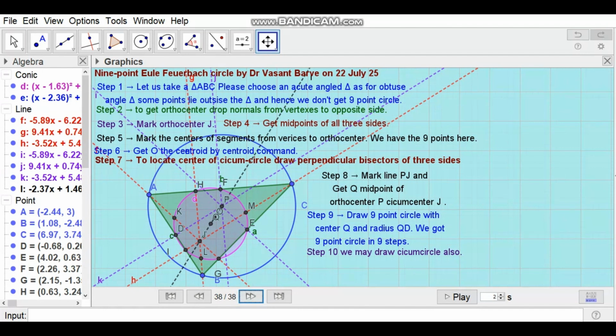So what we have done is we have taken an acute angle triangle, you see, and then we have got the orthocenter, we have got the centroid, we have got the circumcenter. We joined these two, that is P and J. We took the midpoint of that, and then through that we draw this 9-point circle.